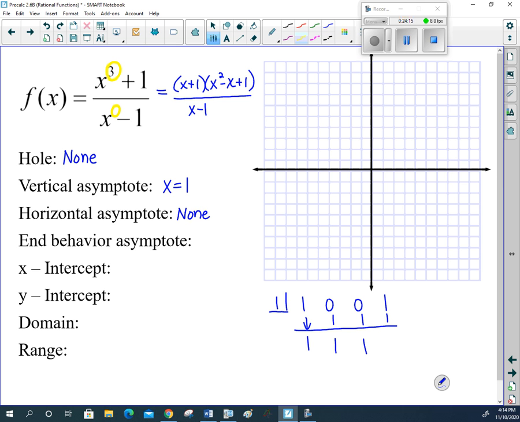And we end up with a remainder of 2. So 1 times 1 is 1, 0 plus 1 is 1, 1 times 1 is 1, and so on. Now remember, we don't really care about the remainder when we're trying to find our end behavior asymptote. So what is the equation of it? It is y equals x squared plus x plus 1.